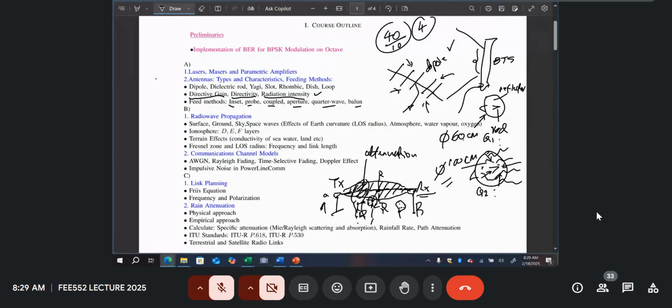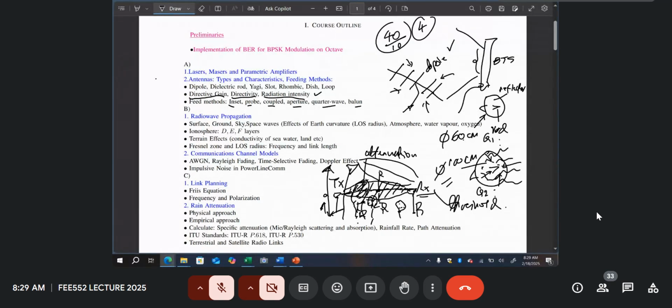So you have to raise this antenna height such that you avoid this. For that design problem, you determine the Fresnel zone, and that helps you determine the antenna height so that you receive sufficient threshold for communication. So that's the design problem.